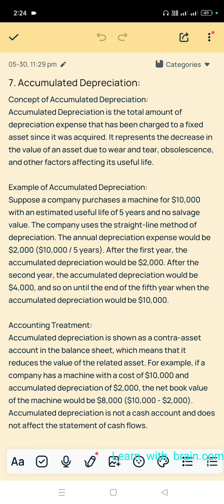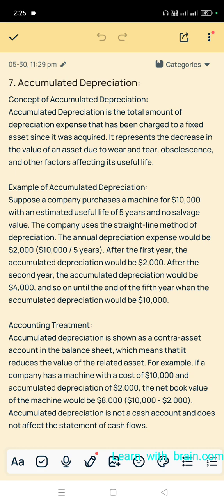It represents the decrease in the value of an asset due to wear and tear, obsolescence and other factors affecting its useful life. We can better understand with an example.